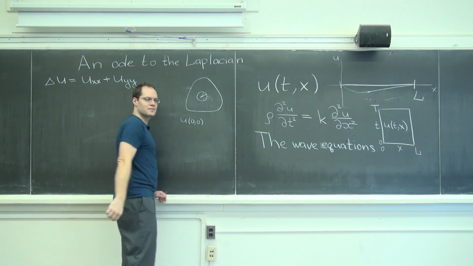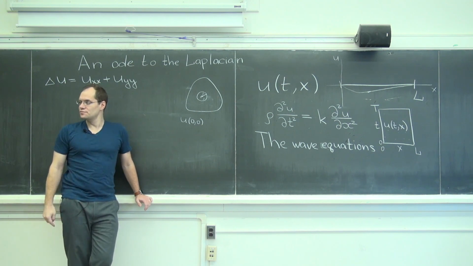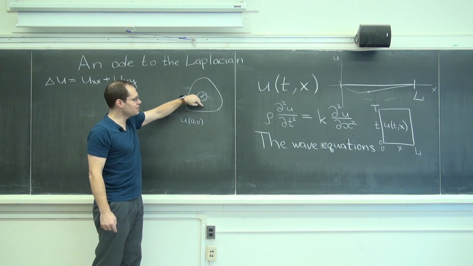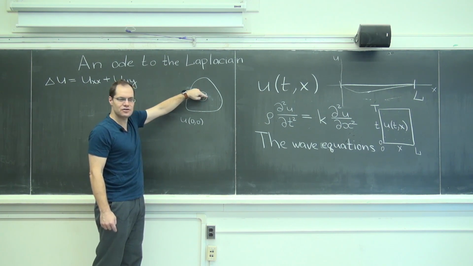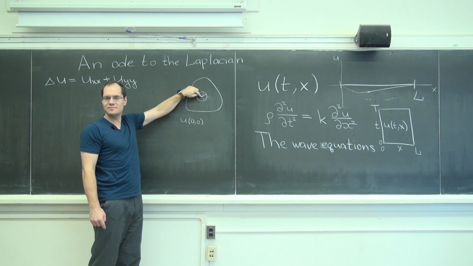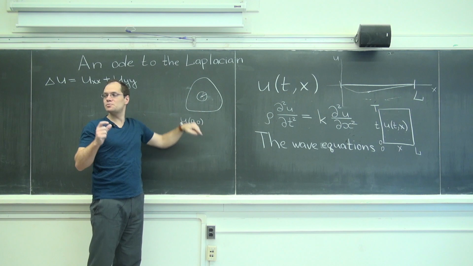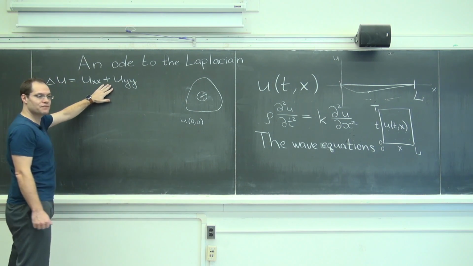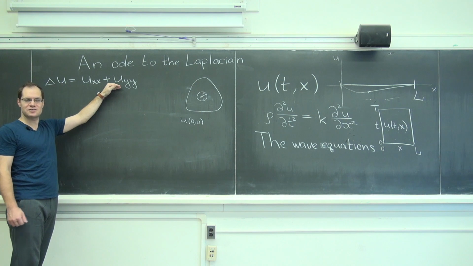Let's pretend that it's small. What we're going to do is find the average of all the values of the function u on the circle and compare it to the value right here. And we'll discover that that discrepancy is proportional to the Laplacian.